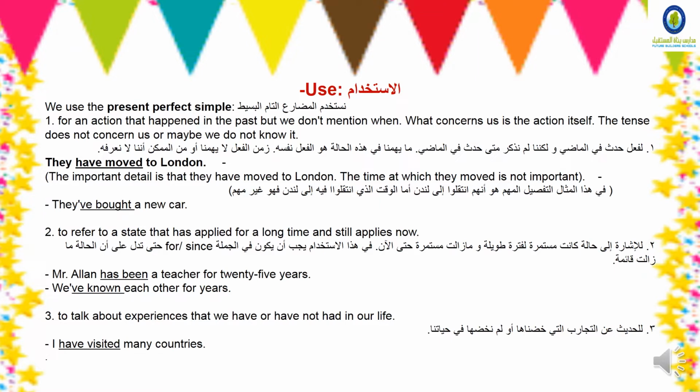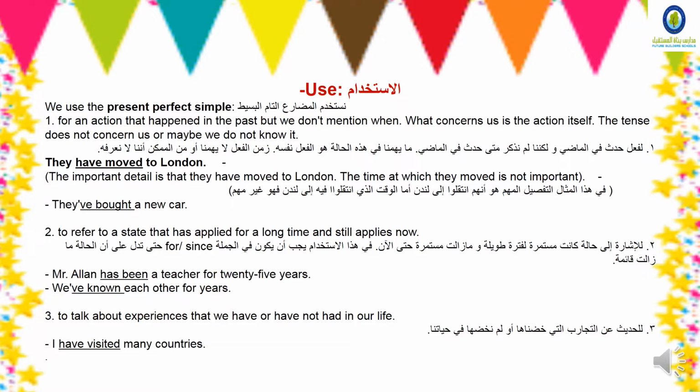Number two, to refer to a state that has applied for a long time and still applies now. للإشارة إلى حالة أو حدث صار وما زال مستمر. Now, how do you know that it's still مستمر? We use for and since. For example, Mr. Allen has been a teacher for 25 years. معلم لمدة 25 سنة.